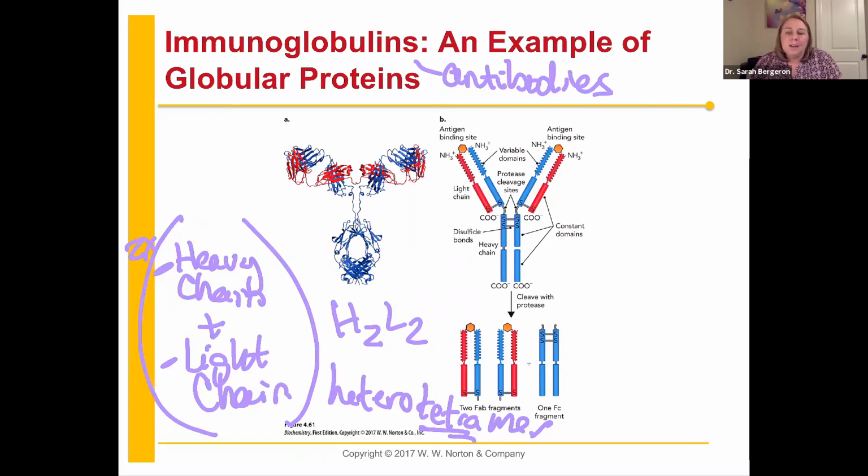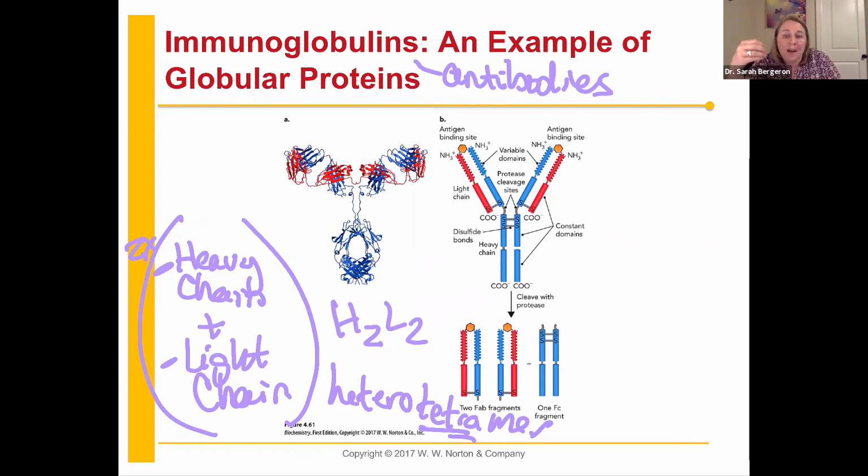But the job of antibodies, right, is to recognize non-self antigens. So things like viruses, bacteria, anything that is not you, an antibody is supposed to recognize. And so you've got to think that in order to be an antibody, we want to have the same shape.